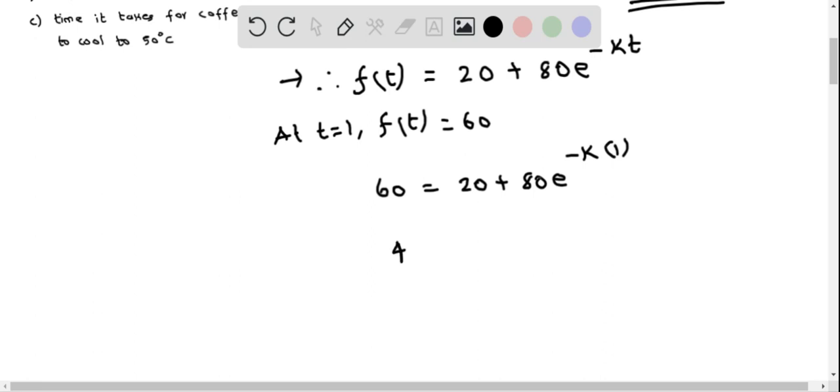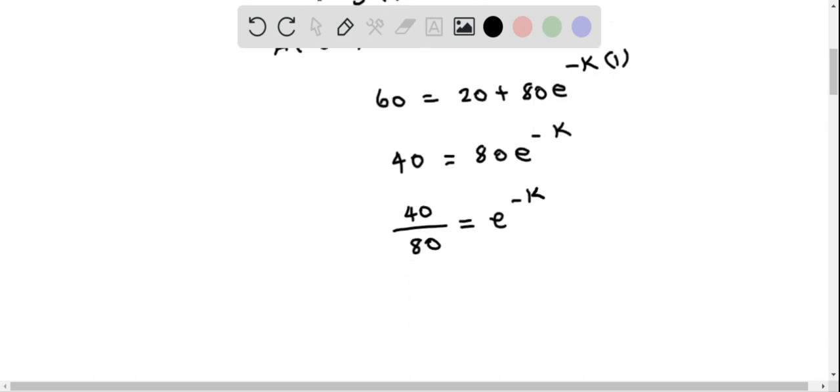Then I will get 40 equals 80 e raised to the power of negative k. Now I divide both sides by 80, so it becomes 40 over 80 equals e raised to the power of negative k. So 40 over 80 is half. We can do the cancellation. And so this equation becomes half equals e raised to the power of negative k.